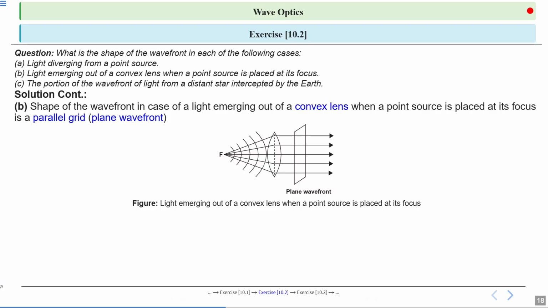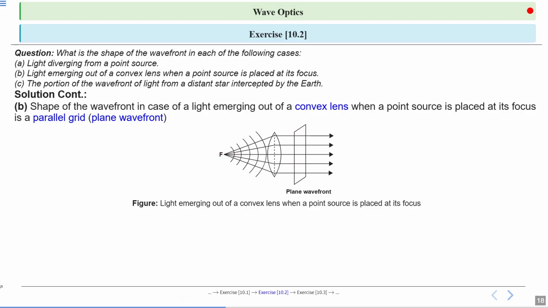Initially the wavefront at any point is perpendicular to the direction of light propagation. After refraction, rays are parallel to the principal axis, so the wavefront will be perpendicular at any point to the rays. So rays are parallel, so the wavefront is a perpendicular grid, which is known as a plane wavefront, or we can say a parallel grid, parallel to the lens.